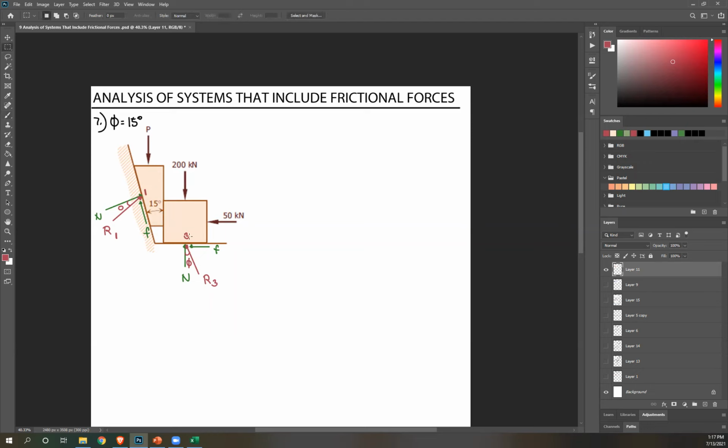What's going to happen there? So let's just choose a different color.